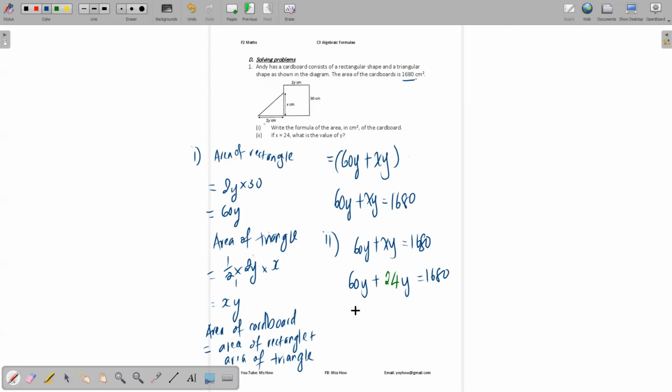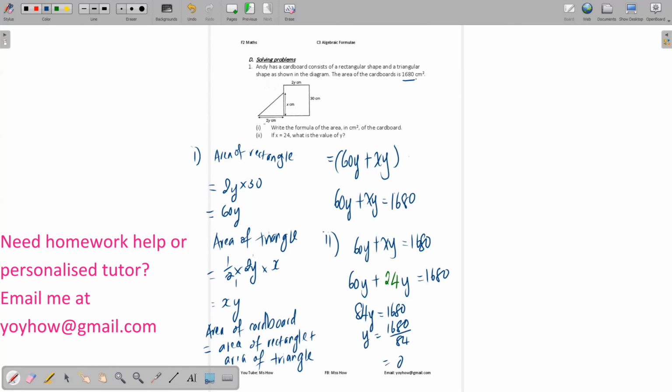So 60y plus 24y, we get 84y equals to 1680. So y equals to 1680 divided by 84. So we get our y as 20.